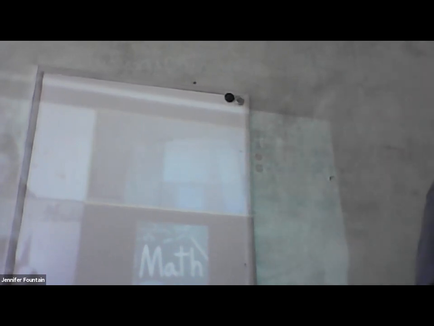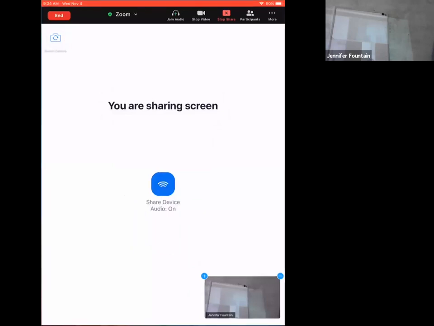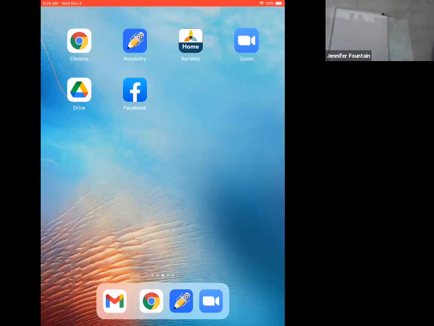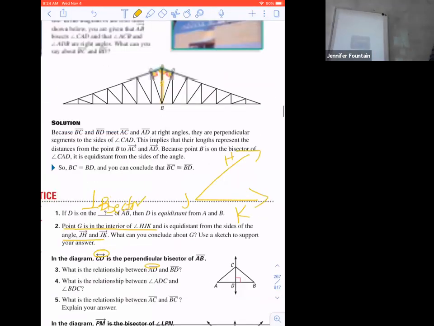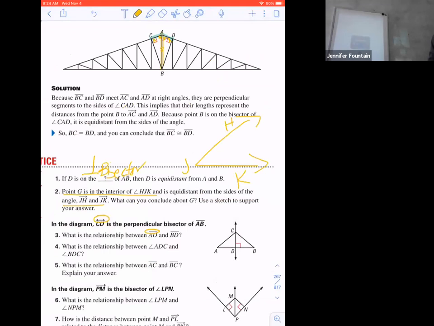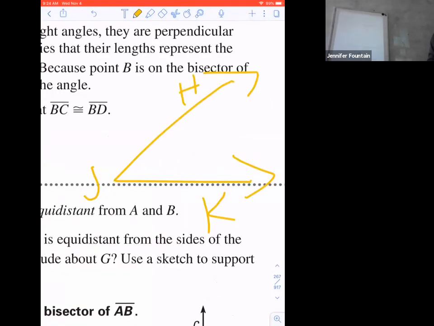When I turned it off, it stopped sharing. We've got angle HJK. There we go.